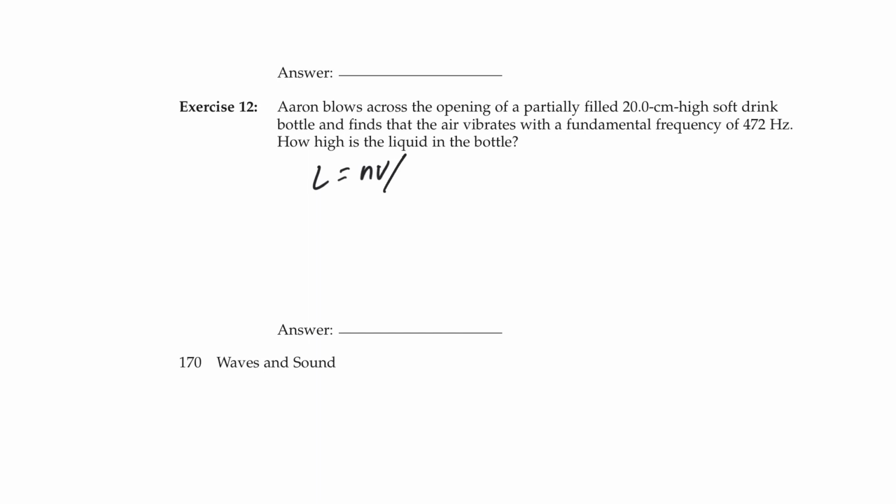When we have an open-ended pipe, let's say an organ pipe that's open on both sides, your formula is going to be L equals nv over 2 frequency. Okay, that will also work with a string. So this would be an open pipe or a string.